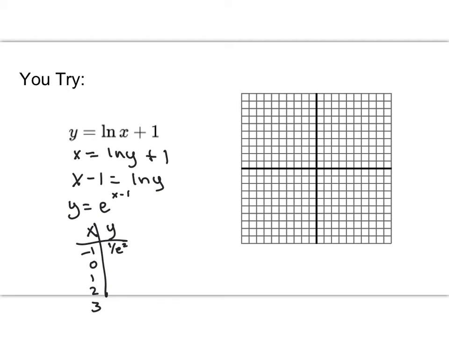And then e to the (0 minus 1) would be 1 over e. e to the 0, and, oh no, e to the first, sorry, and then e squared. All right. Let's get a decimal approximation and switch the x and y values around. 1 over e squared was about 0.14.